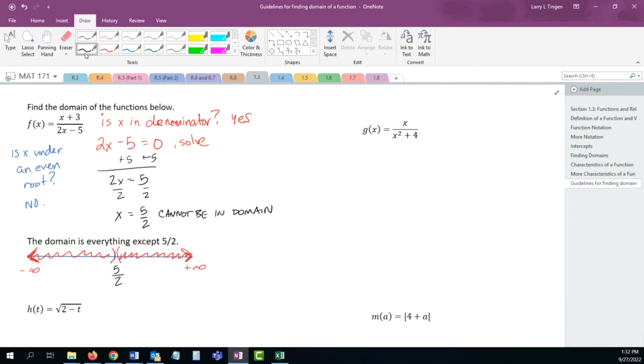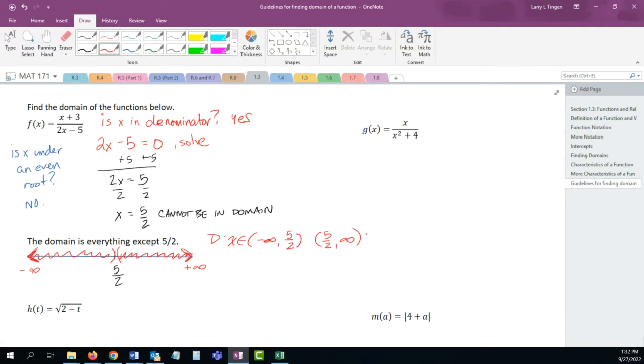So what does my domain look like if I'm going to write this in interval notation? Well, I start at negative infinity. I go all the way until I reach 5/2. I hop over 5/2, and I go to positive infinity. The 5/2 are the endpoints. It's the right endpoint on the first interval, and the left endpoint on the second interval.